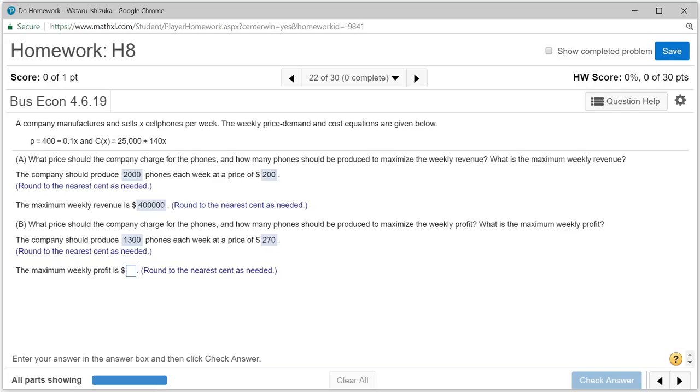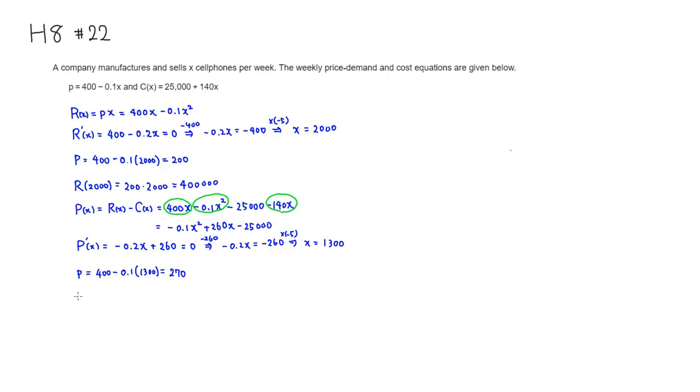The maximum weekly profit would be P of 1300. The revenue is the price, 270, which we already found, multiplied by x, 1300.